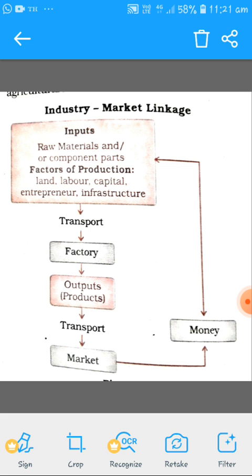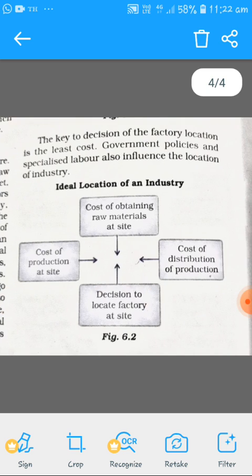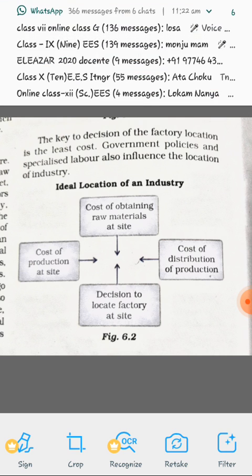So these are the interlinkages. It is like a circle, a continuous chain that keeps on going. The key to the decision of factory location is the least cost. Government policies and specialized labor also influence the location of industry. The decision regarding the setting up of a factory is solely based on cost.